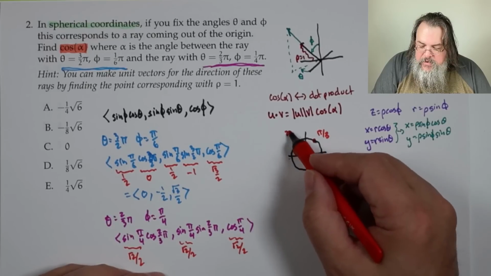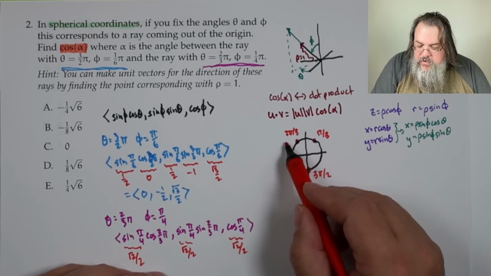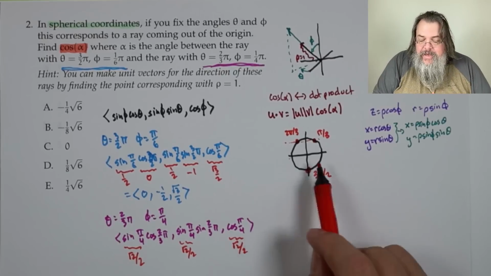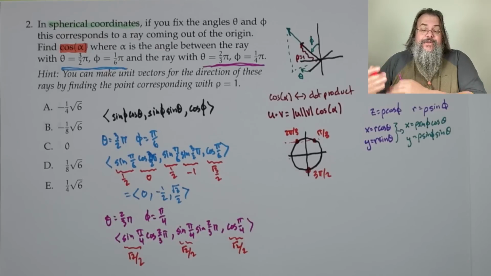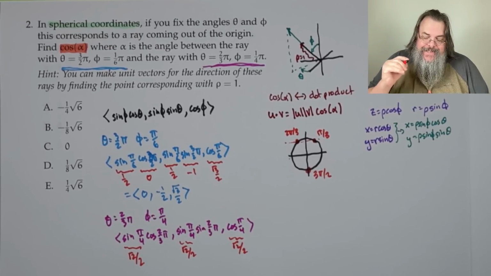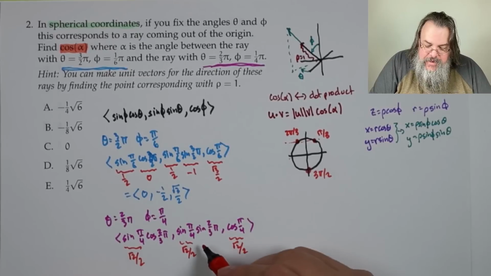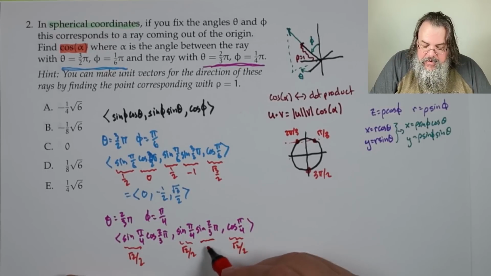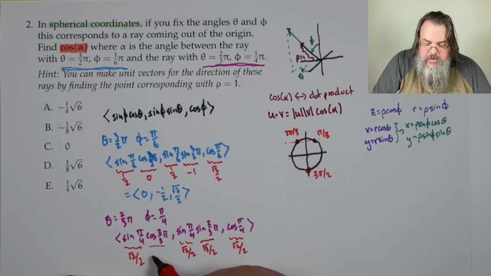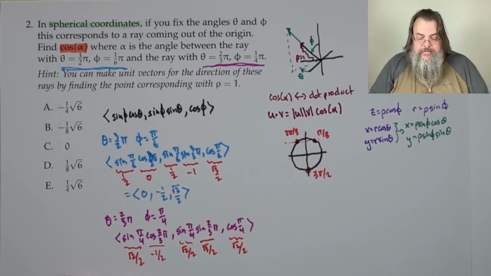So that's over here. So what's true? Well, it has the same y value, but the x value is a different sign. So since we can look up sine pi over 3, we can say, aha, sine of 2 pi over 3, it's the same thing as just sine pi over 3. So that's a root 3 over 2. Cosine 2 pi over 3 would be negative of cosine of pi over 3. So that's minus a half.